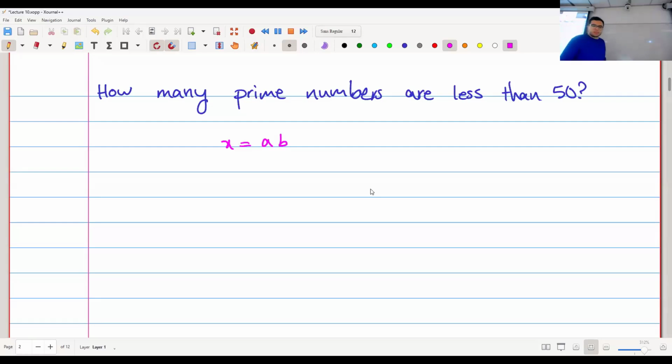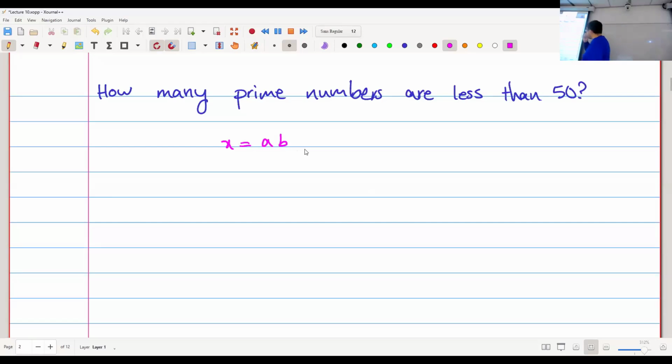So what does this mean? This means that one of these two should be at most the square root of x. So if I have a number that is not a prime, I can definitely find a non-trivial factor that is less than or equal to its square root.